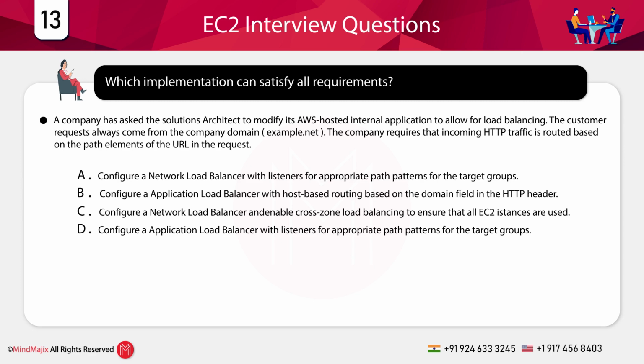Configure application load balancer with host based on the domain field in the HTTP header. Configure application load balancer with listeners. We have to configure the application load balancer and give the proper listener for the appropriate path pattern for the target group. So even if you're not sure what the domain field or the HTTP header is, choose D. Suppose you're getting confused.